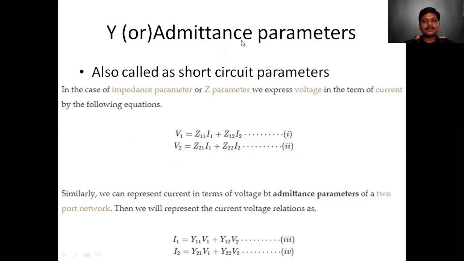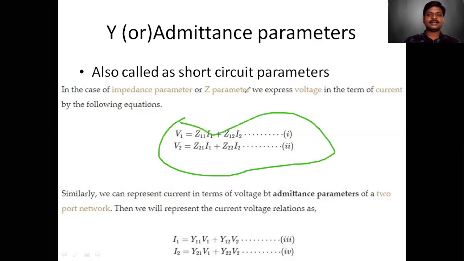Admittance parameters: here you can see a two-port network is taken again, which has terminals 1 dash on the left side or input side and 2 dash on the right side, that is the output side, and the output voltage is V2 and the input voltage is V1. As I told you already, for impedance parameters we expressed voltages in terms of current and impedance like this.